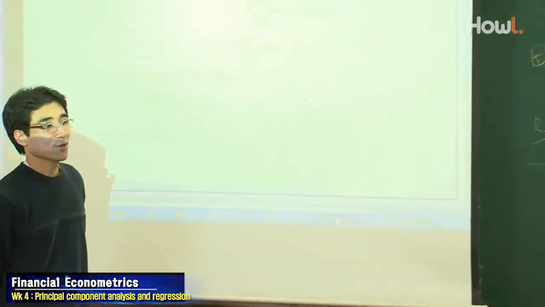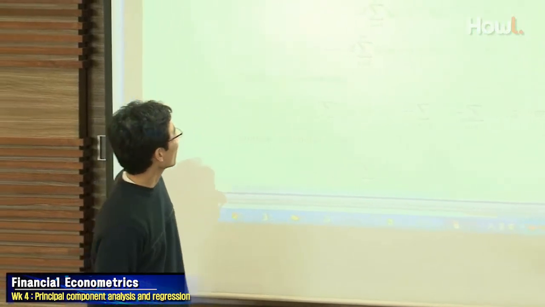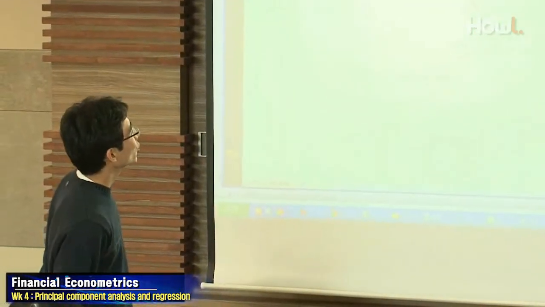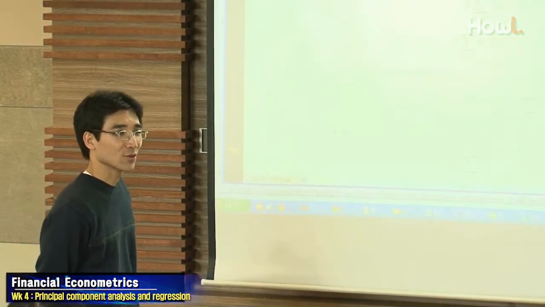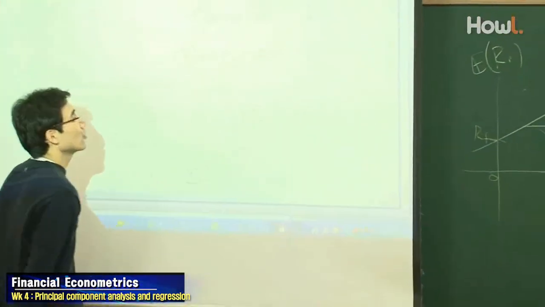If we take the derivative with respect to beta, then we have this. Then we have two equations and two unknowns, alpha and beta, so we can solve this.